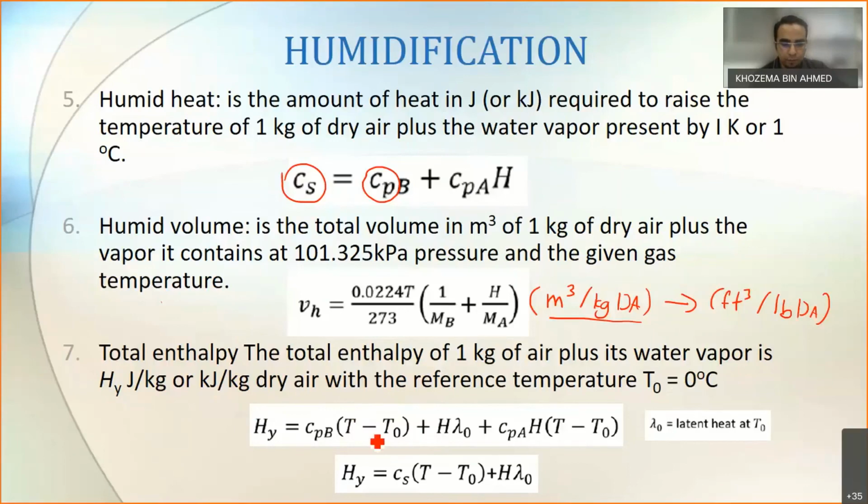So this is the formula, and after you have done some simplification, this will be the final formula. So you can use this formula to calculate the value of your total enthalpy. Total enthalpy of dry air plus its water vapor.